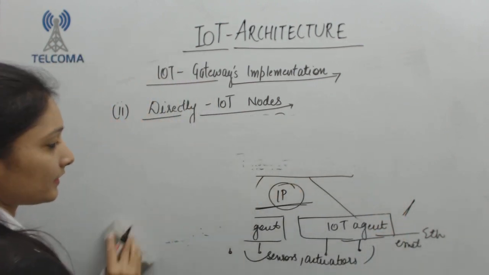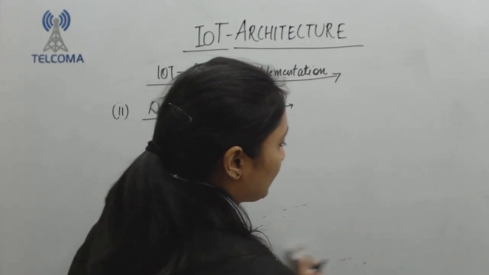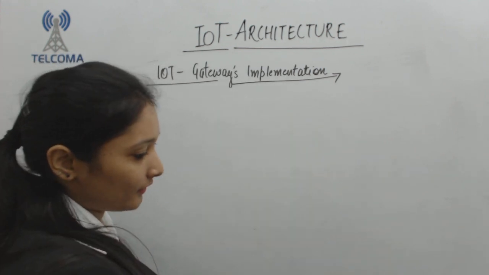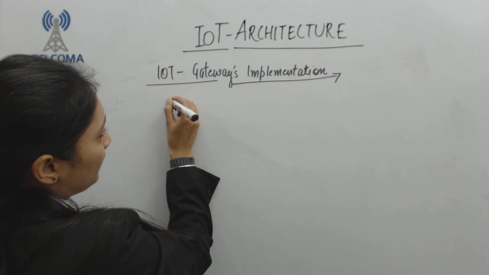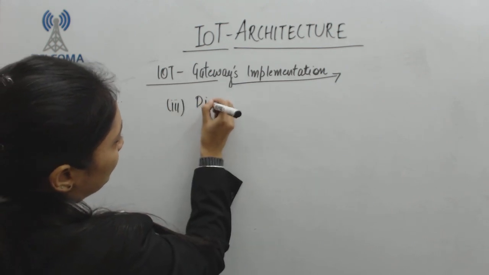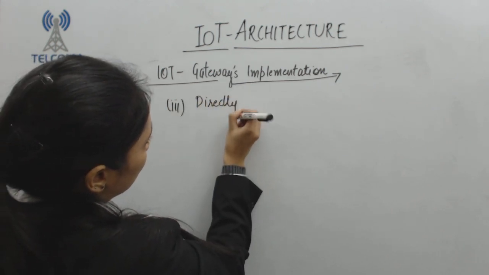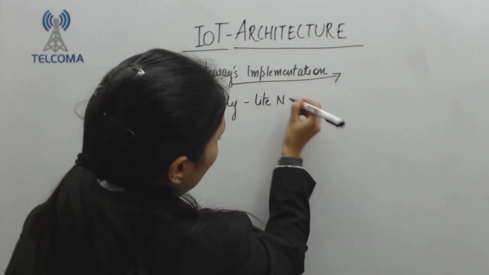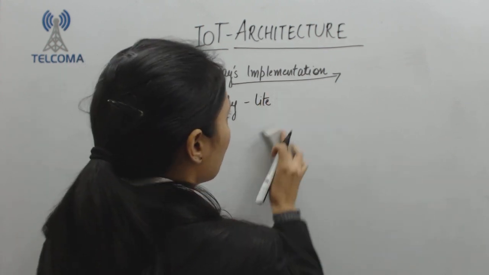The third mode is the deployment of another kind of gateway, which is your directly linked IoT nodes.